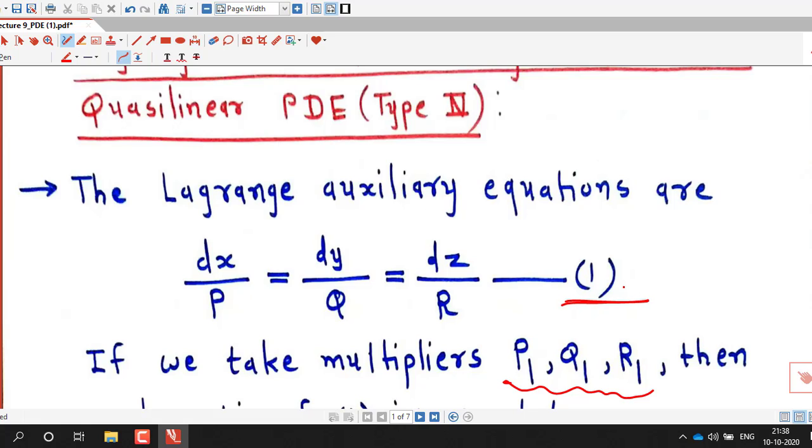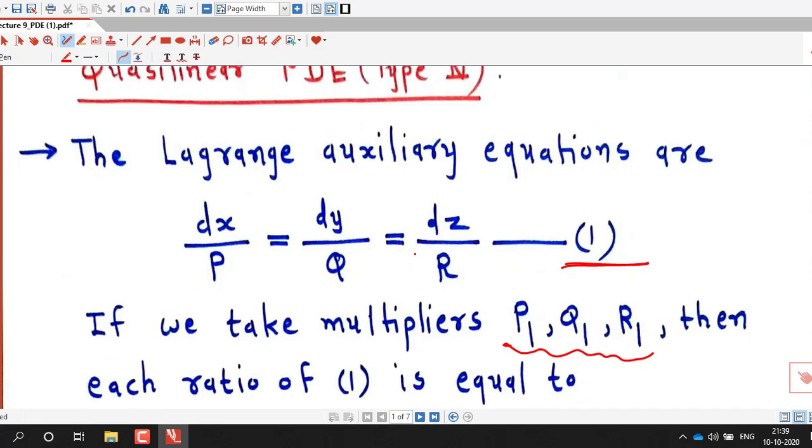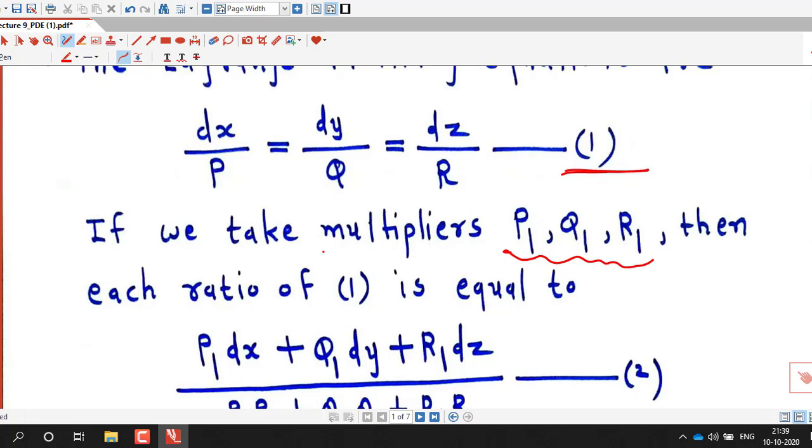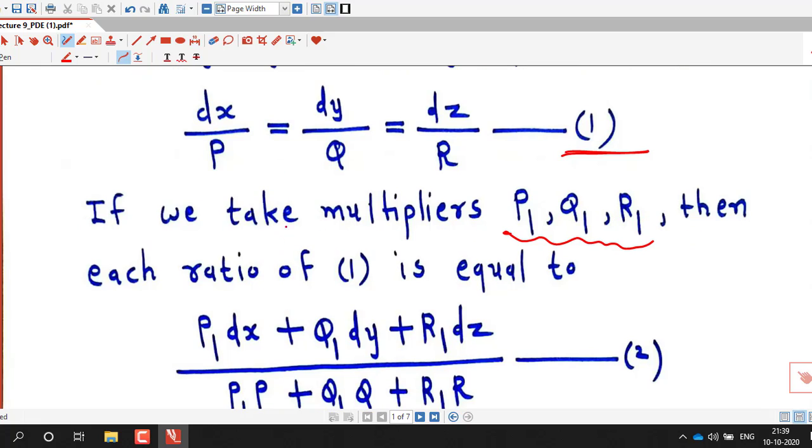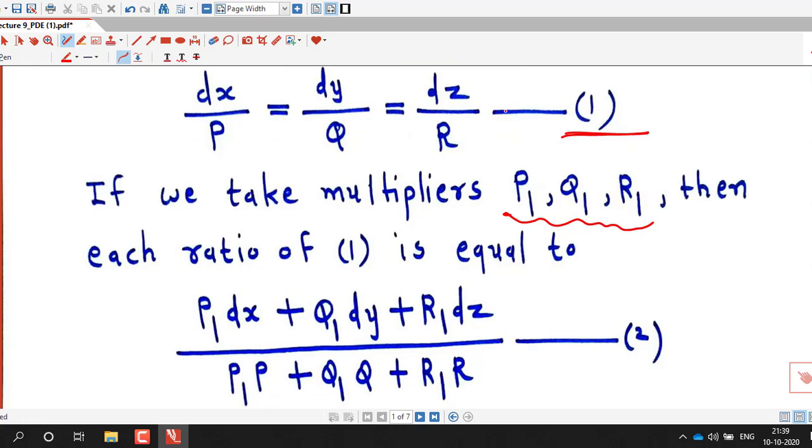In some cases we can generate another new fraction by selecting appropriate multipliers, and then we can combine the generated new fractions to find out the solution of Lagrange auxiliary equations. So here we have written, if we take multipliers P1, Q1, R1, then each ratio of 1 is equal to P1 dx plus Q1 dy plus R1 dz divided by P1 into P plus Q1 into Q plus R1 into R.